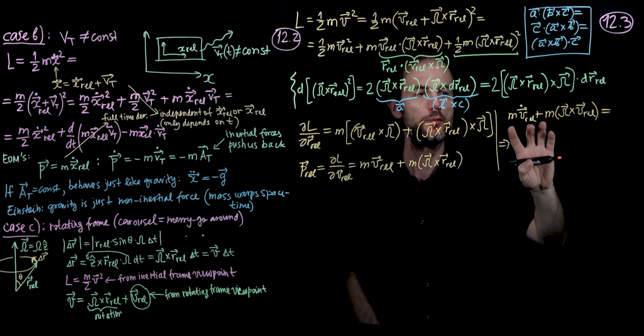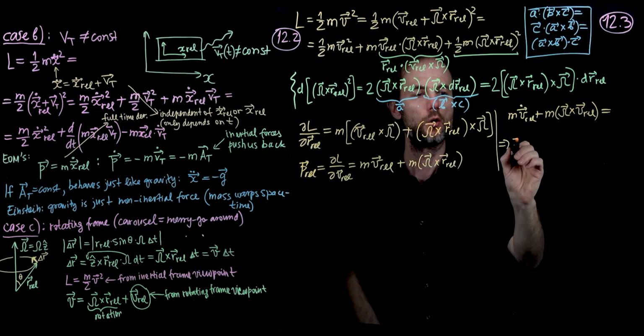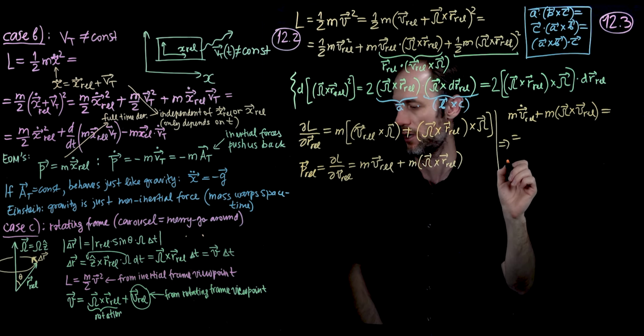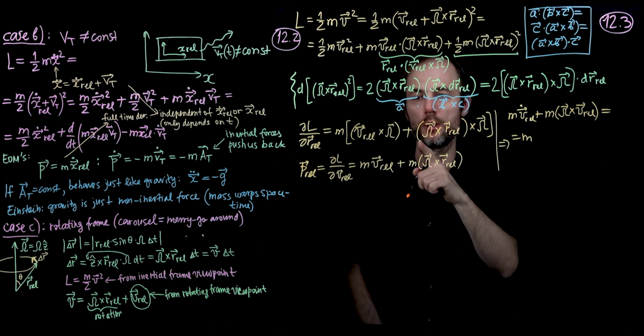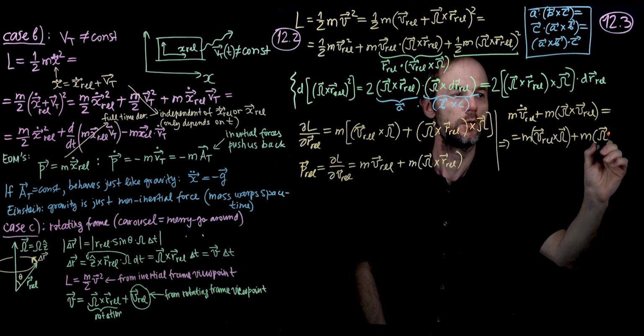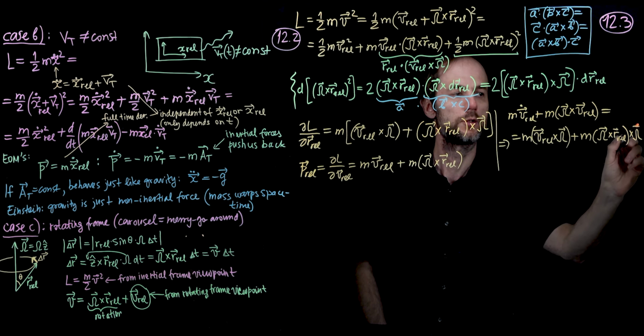And so this is dp_rel/dt, and now all of that is equal to the right hand side, which is just that, right? So this will be m times v_rel cross omega, plus this term, plus m omega cross r_rel cross omega.